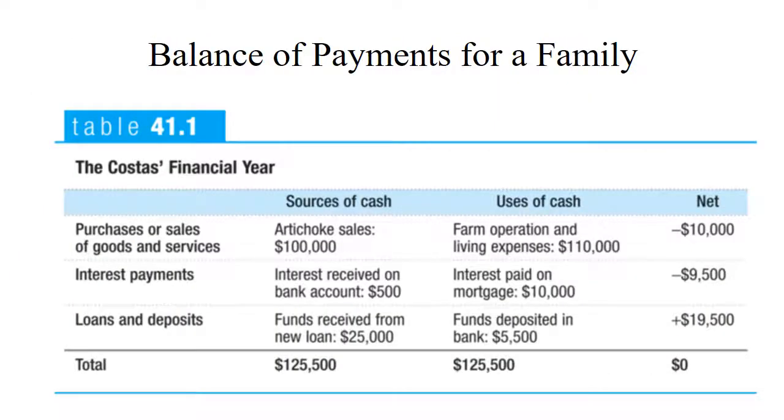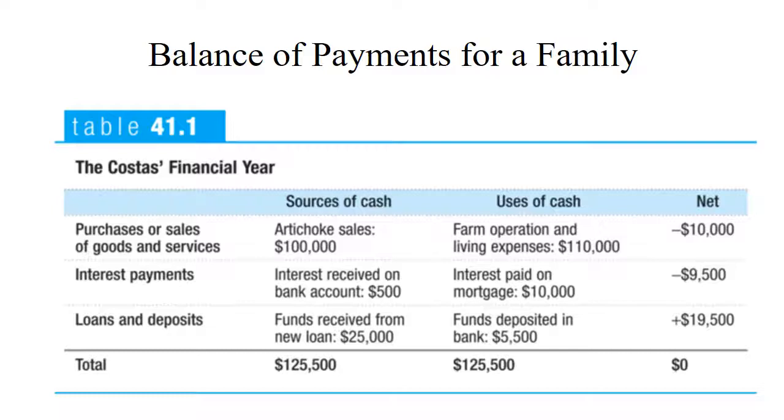Balance of payments for a country is much more complicated than balance of payments for a family. So let's look at a simplified balance of payments account for one family, which would be a microeconomic model. But this will give us an idea of how this works. Here we have one family over the course of one year, and this family runs an artichoke farm.